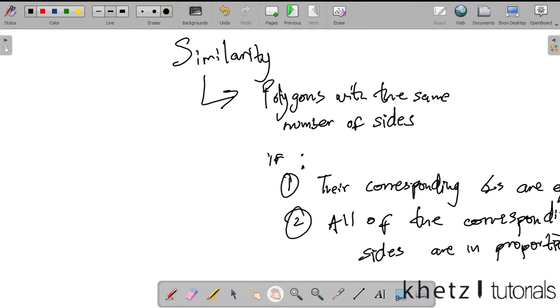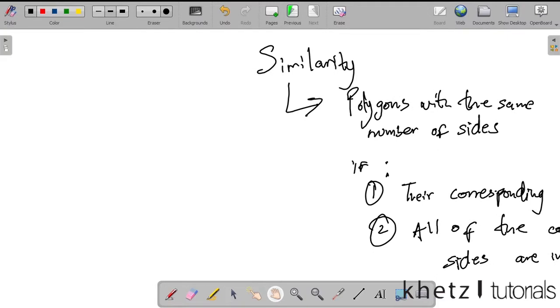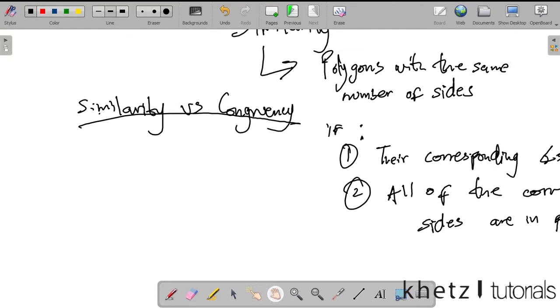Even before I proceed, I just want to highlight the difference between similarity versus congruency. With similarity, we say that things are similar when they look alike but are not exactly the same. But with congruency, they are exactly the same.